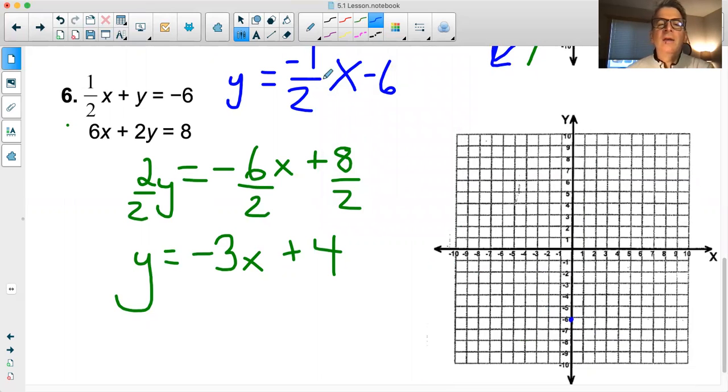And I got a -1 over 2 slope. Okay, good enough. So then if I subtracted the 6x, have it with the 8, divide it by 2, I would have a +4, but I have a -3 slope.